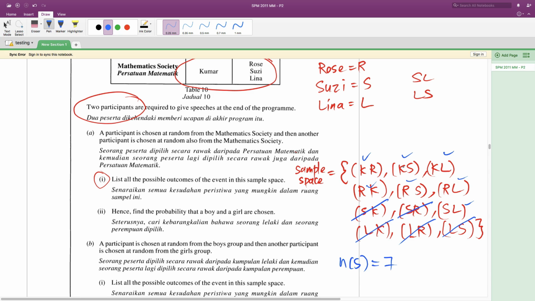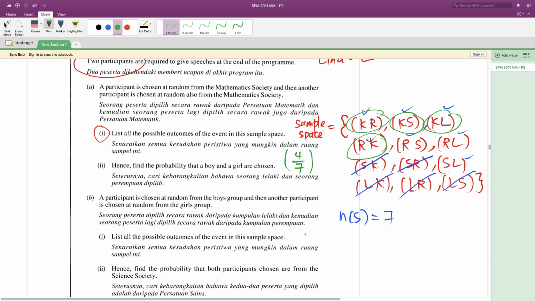Kuma must be there, so I will circle those that have Kuma: 1, 2, 3, and 4. So the total is 7, and you have 4 with Kuma and another girl, isn't it? So the probability is 4 over 7. It's very simple. You just write the answer, 4 over 7.